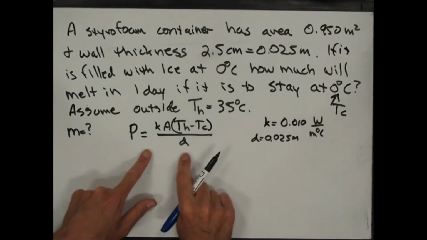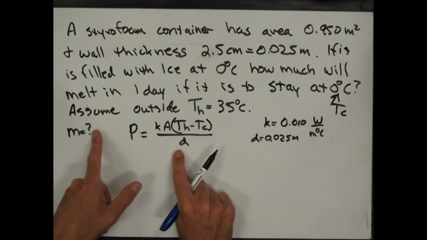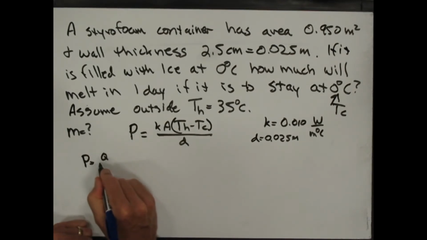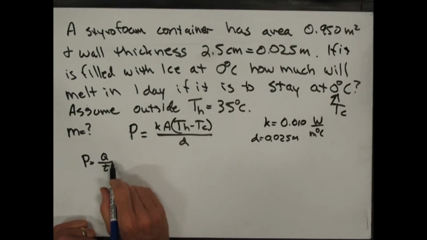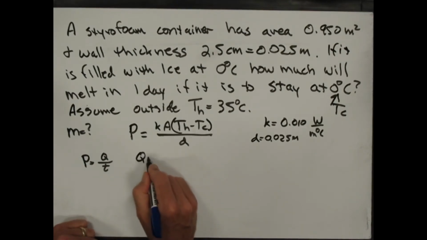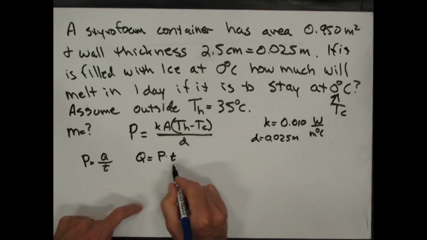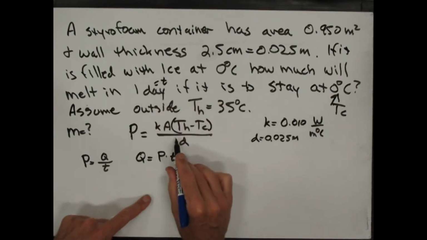And so the question is, how are we going to do something with this to get a mass, right? And the answer is power is equal to Q over time, right? And so we can rearrange it and say Q is equal to power times time, where the time is 1 day and the power is this thing.